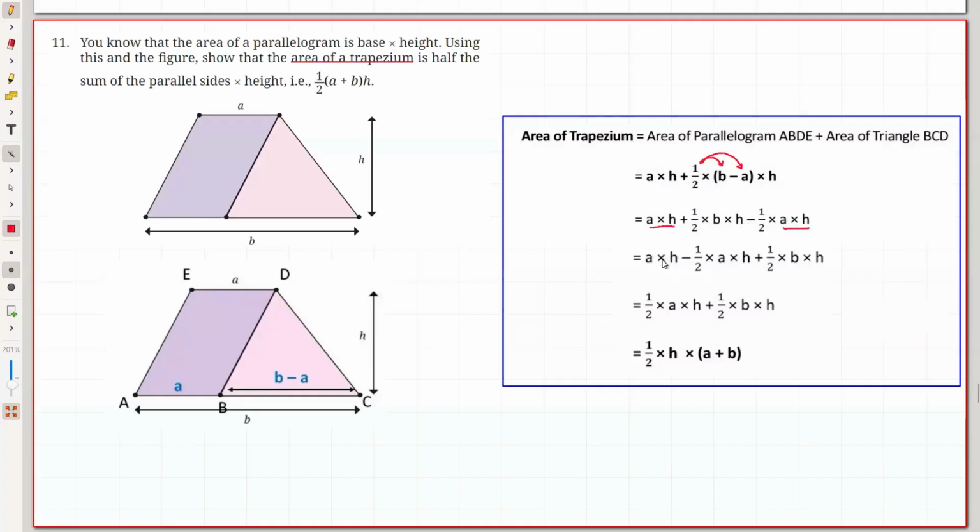That is 1 ah minus 1/2 ah, and 1 minus 1/2 will be 1/2. So 1/2 ah plus 1/2 base into height, the balance 1/2 bh. Now for both, the height is common, so I can take the height outside: 1/2 into h into (a plus b). Now this is the formula for the area of a trapezium. Area of trapezium is equal to 1/2 h into (a plus b). So we got the formula.